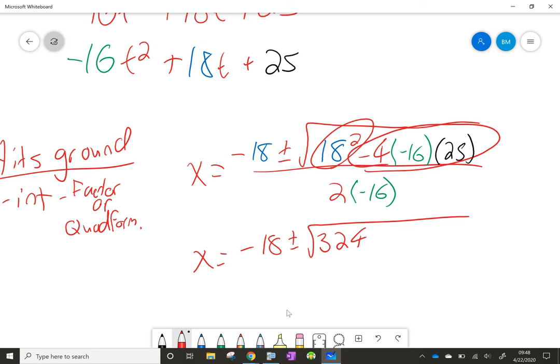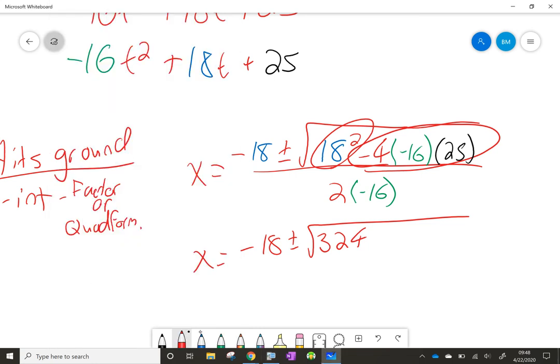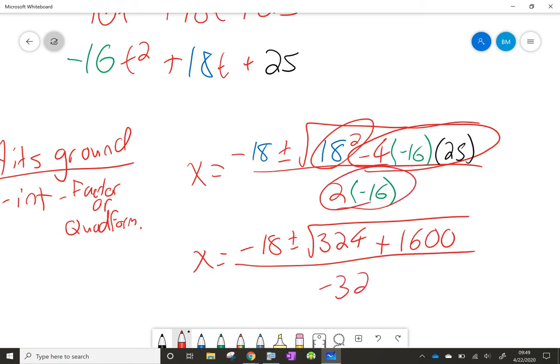Let's type all of that in the calculator as well. Negative 4 times negative 16 times 25, we get positive 1600. Since it's positive, we're going to put plus 1600, all divided by 2 times negative 16, which becomes negative 32.